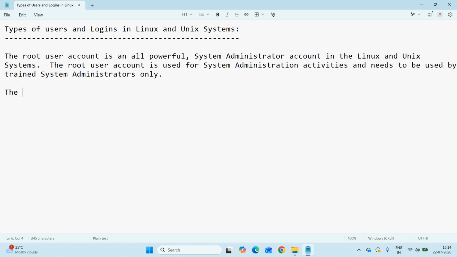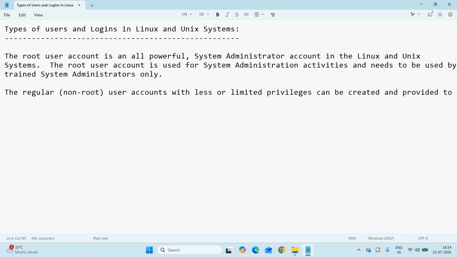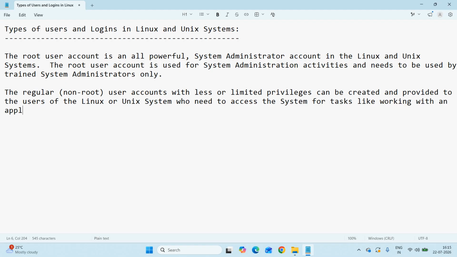That is what I am going to write next, people. The regular, that is non-root, user accounts with less or limited privileges can be created and provided to the users of the Linux or Unix system who need to access the system for tasks like working with an application or accessing a database, etc. Like this, people.